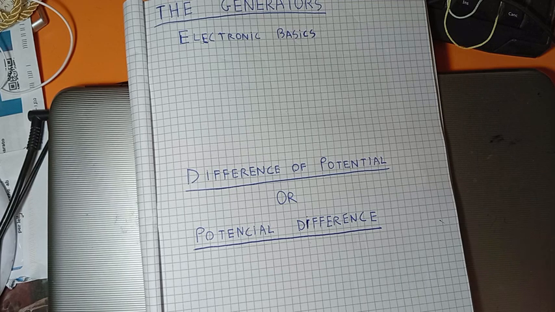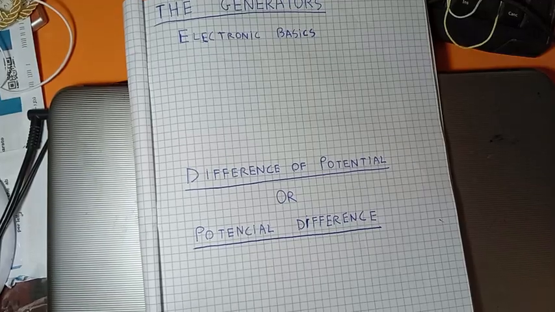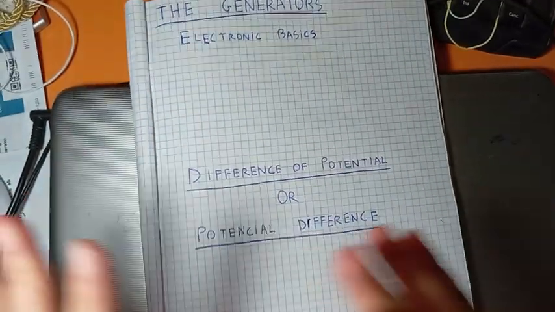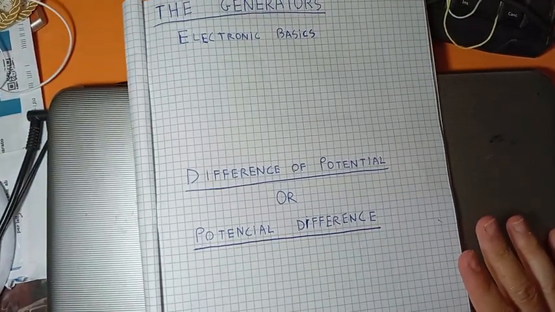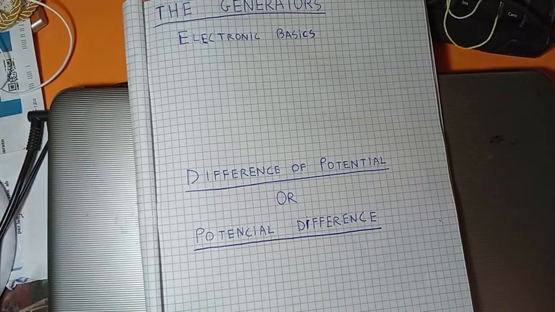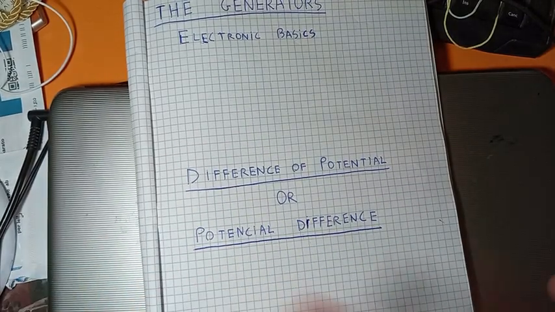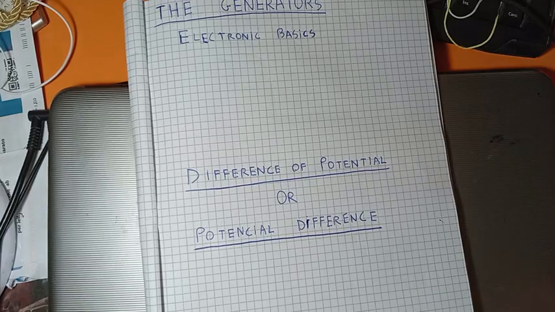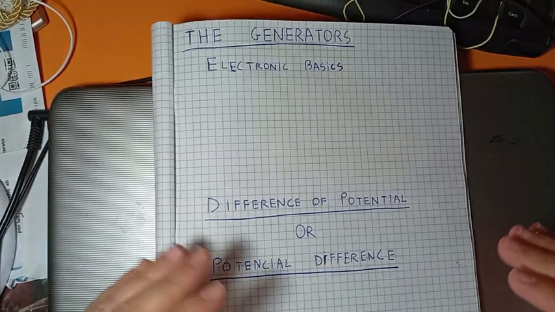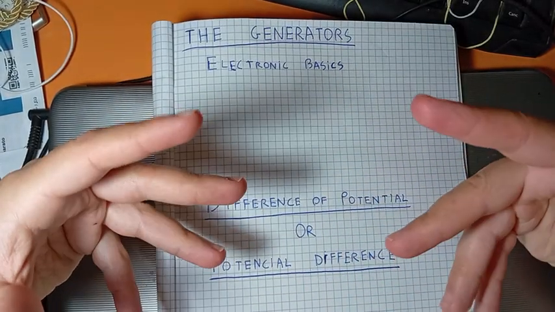I hope this is clear. Then let's forget for a moment about positive and negative charge. Let's just think about charge, like an amount of charge. So, all matter could have a certain amount of charge.